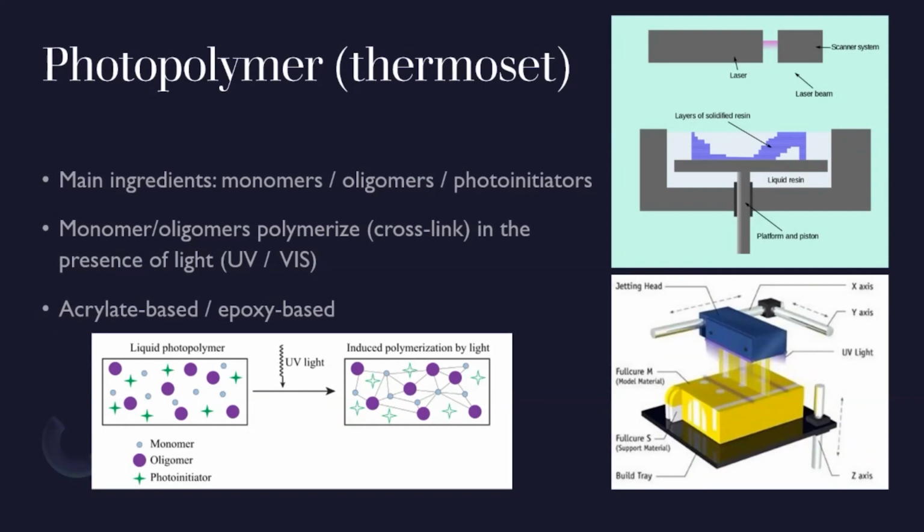Common photoinitiators usually use UV light, while monomers and oligomers are either acrylate-based or epoxy-based. Benefits of using photopolymers in SLA and material jetting applications are the ability to obtain high detail and to create watertight objects.